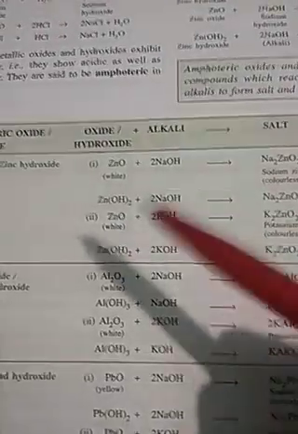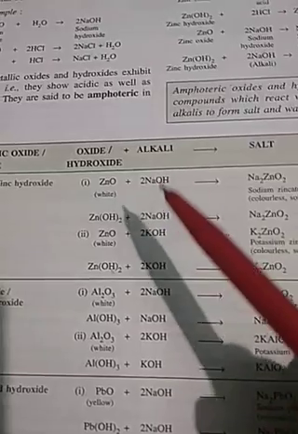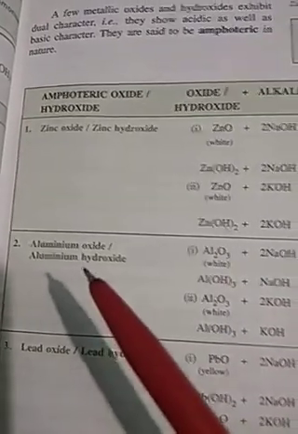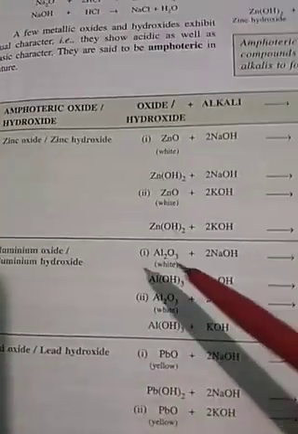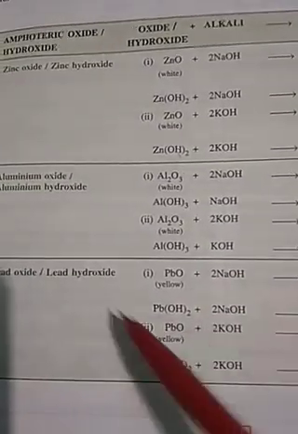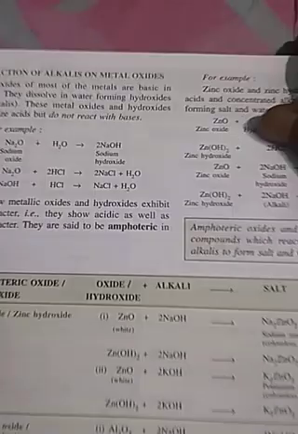Similar conditions are here. These are the bases, they react with another base, they form salt and water. Here are aluminium oxide or hydroxide. They also react with the alkalis, like lead oxide or hydroxide. They are also forming salt and water.